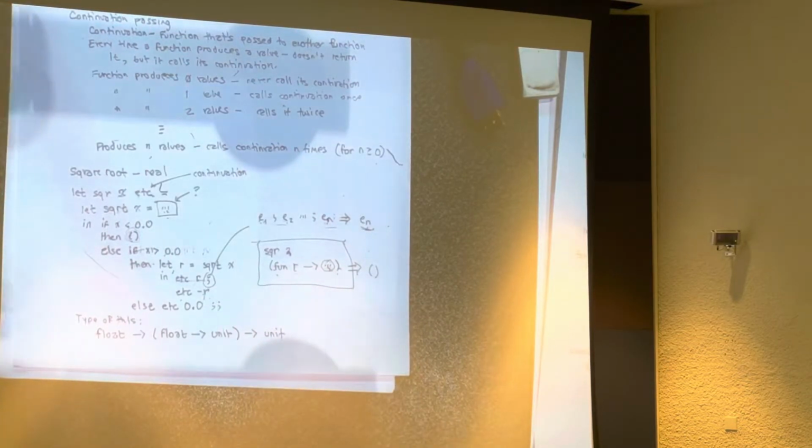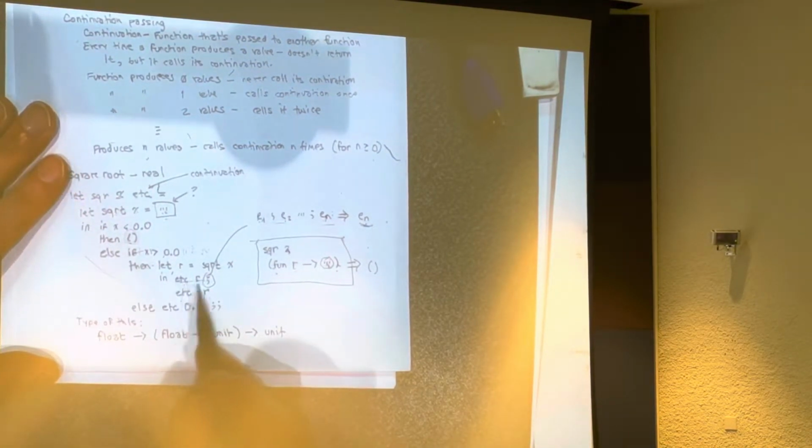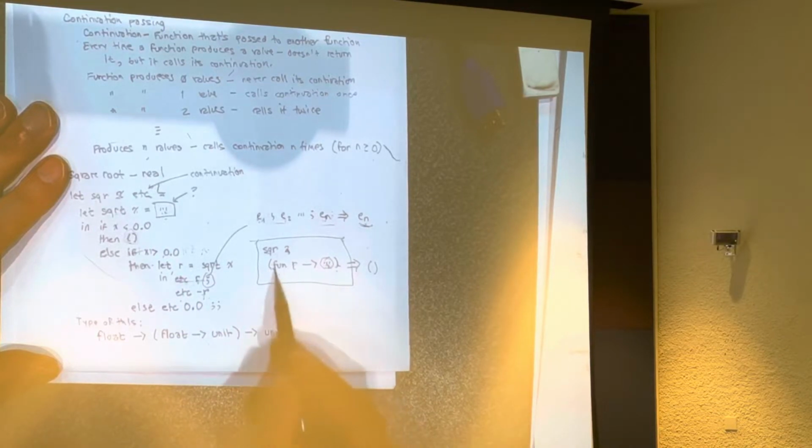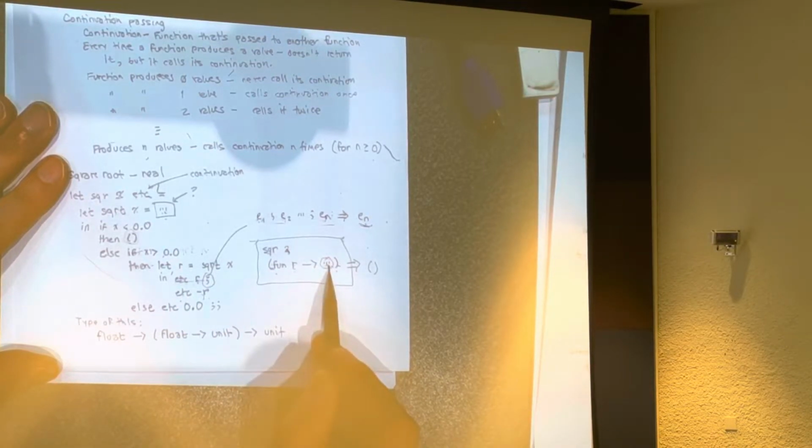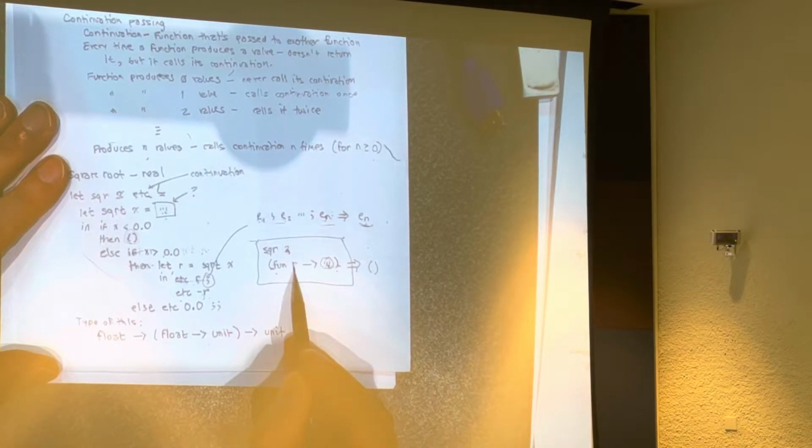So what's the purpose of calling ETC R first if we're just going to throw it away? Because we're throwing away the returned value, but we're using the value that we're passing to the continuation. So this function here is the continuation. And so that is going to get R initially, and then it will do something with it.